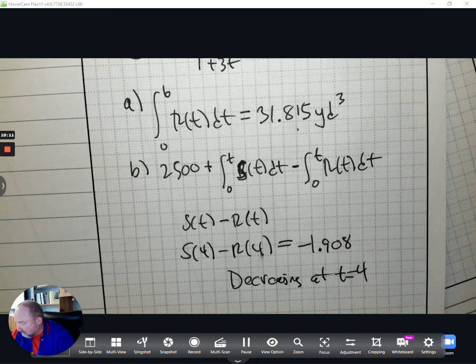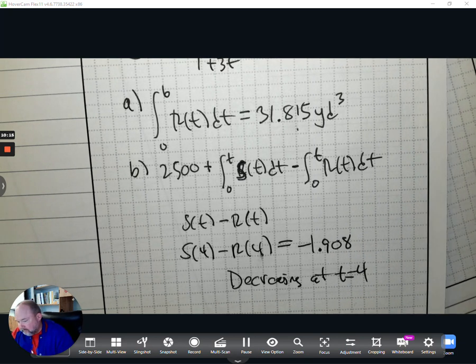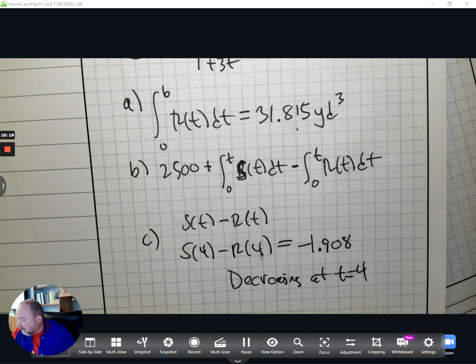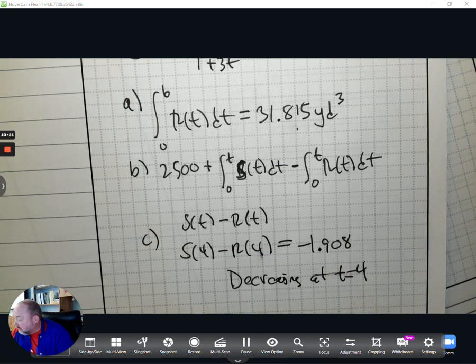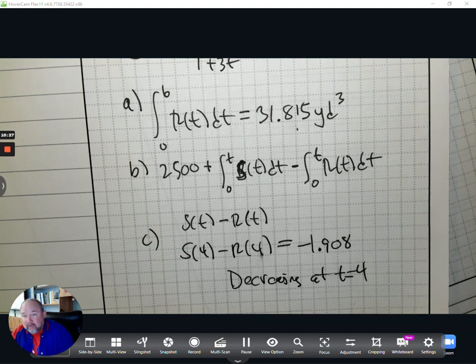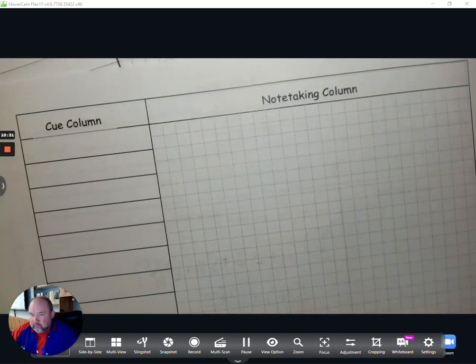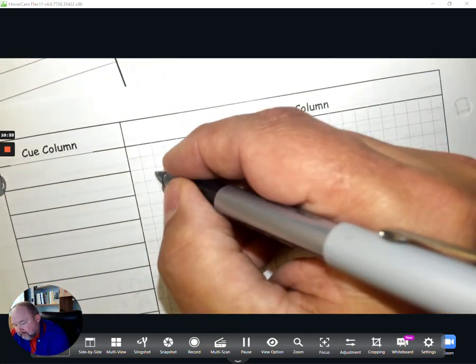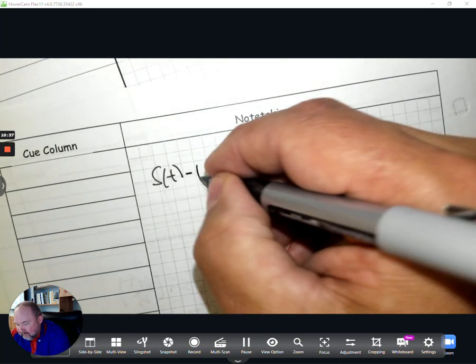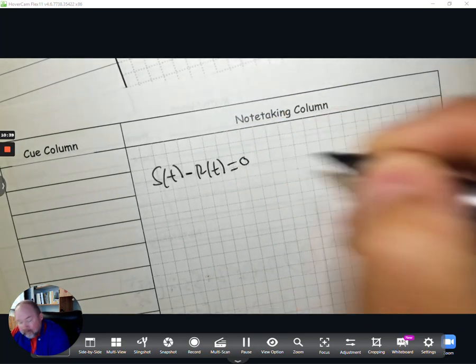All right, last one. Part D. From 0 to 6, at what time is the amount of sand on the beach a minimum? So minimum means a derivative, right? When we did that, took the derivative, right?